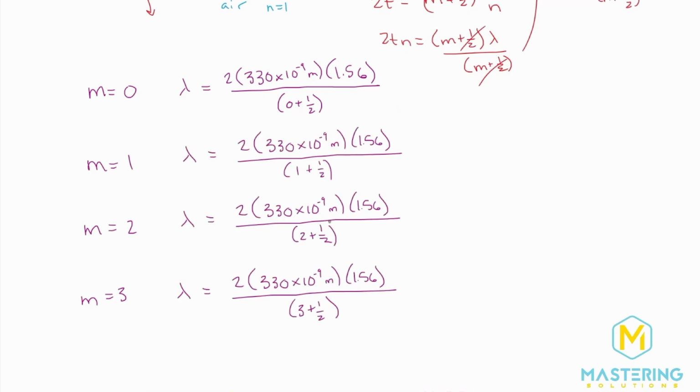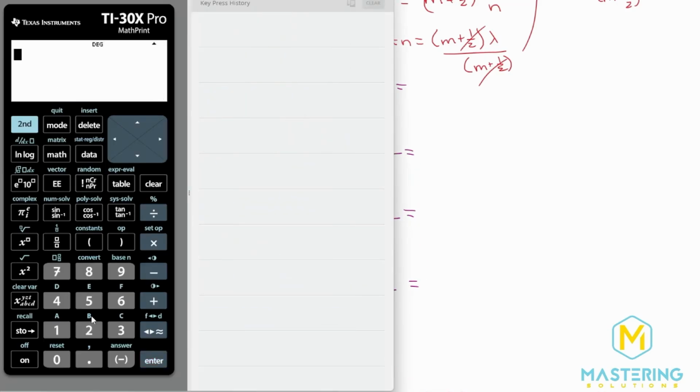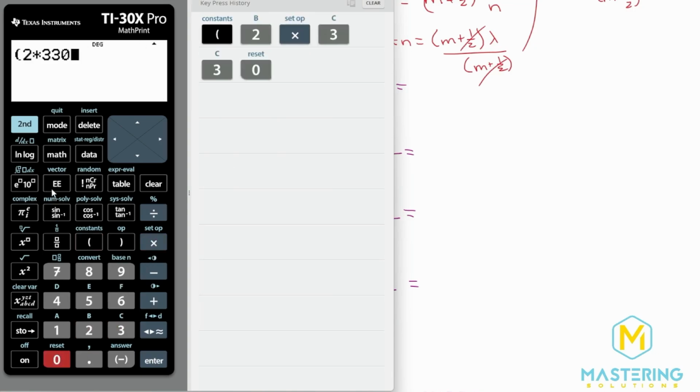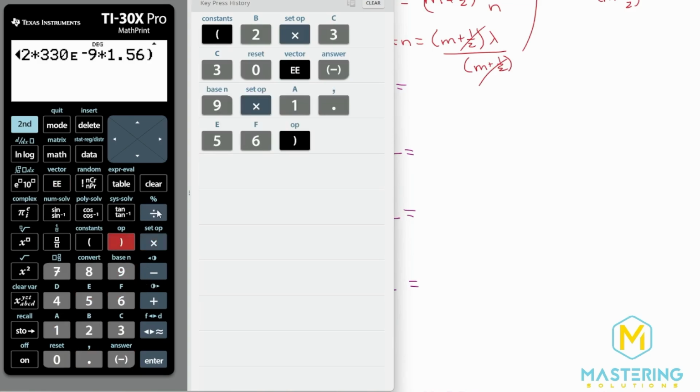Okay, so here are all our equations written out, and now we can go through in the calculator and go through these fairly quickly. So let's start off with the first one. We have 2 times the t, which we said in this case was 330 nanometers. And then we're going to multiply that by the index of refraction, which is 1.56 in this case.